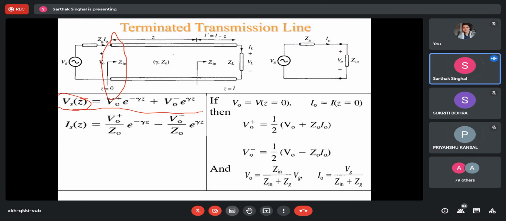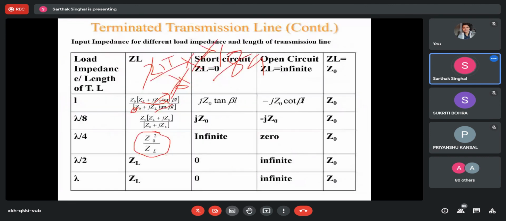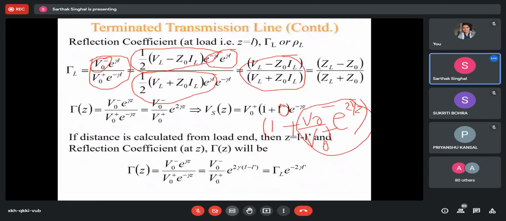So in that case, since this is the length L dash from the load terminal, we will replace this as Z equal to L minus L dash, and the reflection coefficient at any point Z, at a distance of L dash from the load terminal, will be given by this equation, right?